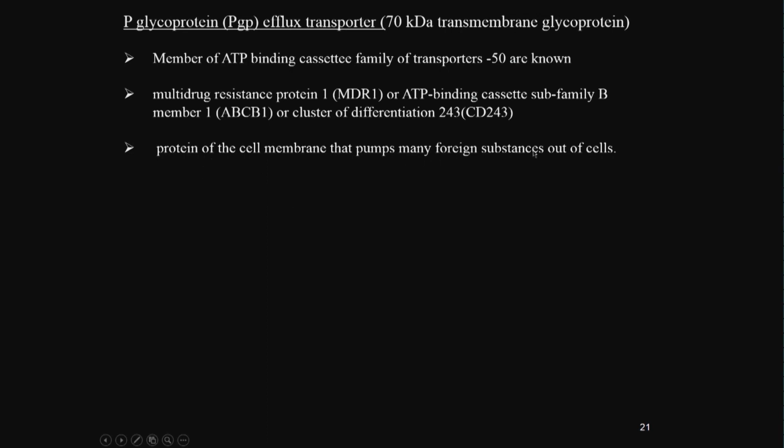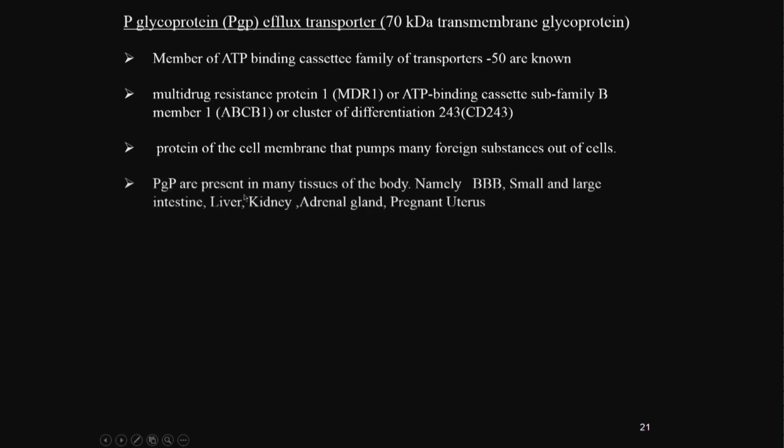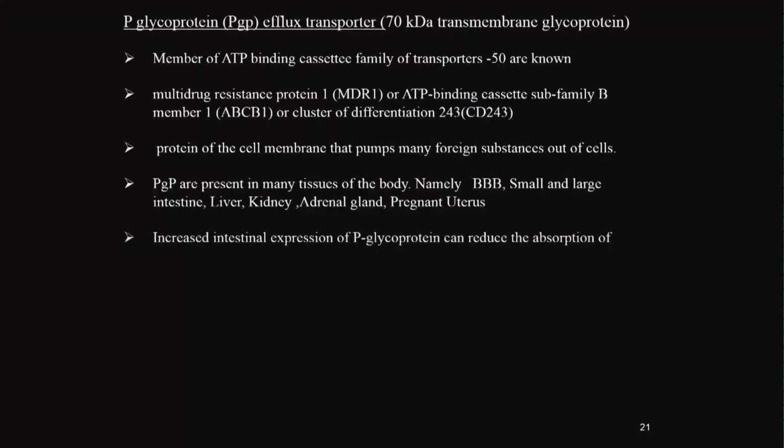They pump many foreign substances out of the cells. They are present in many tissues of the body, namely BBB, small and large intestine, liver, kidney, adrenal gland, pregnant uterus. So, the goal is to throw out any foreign substances which may be toxic to the system. If the drug gets caught, it may also get thrown out.